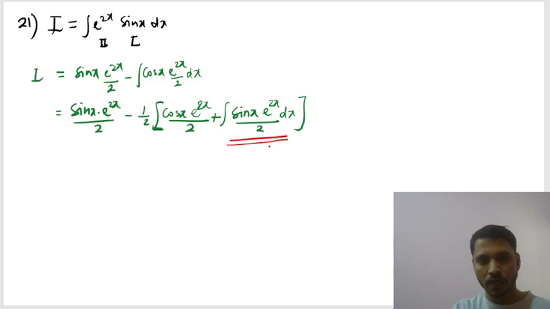That means in place of this, we can write I, and then because of this minus, sign is going to change. Means we can rewrite this as equal to what?